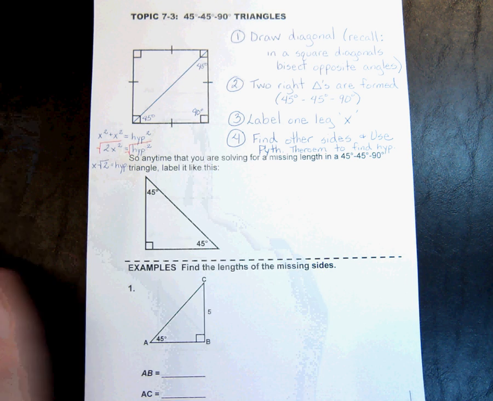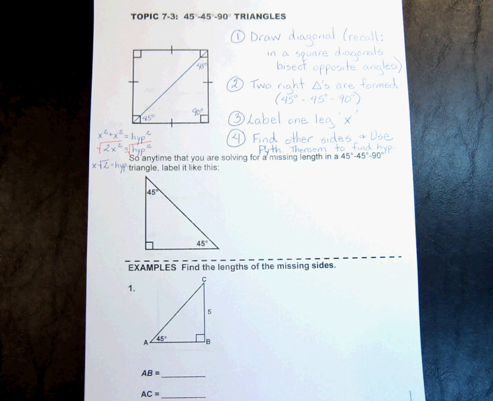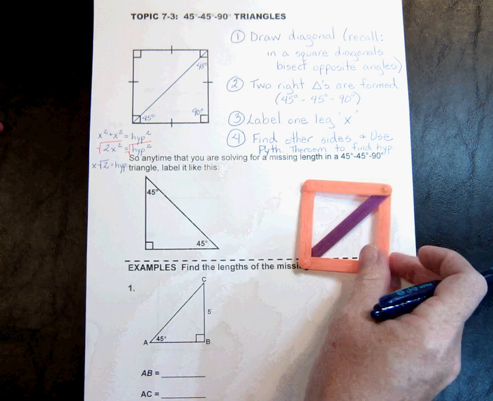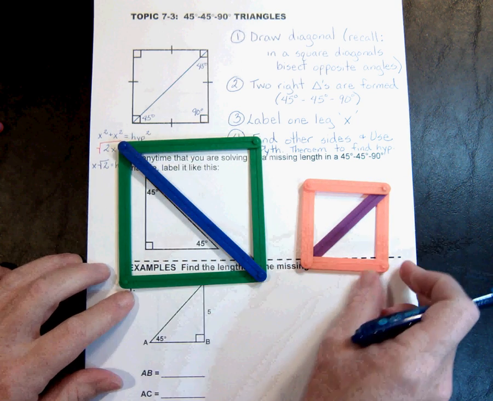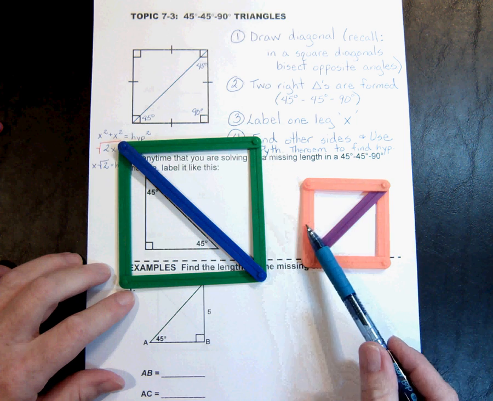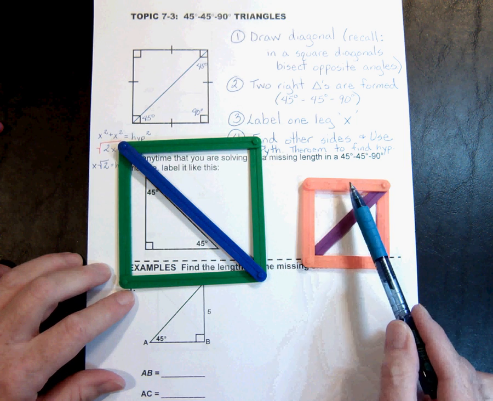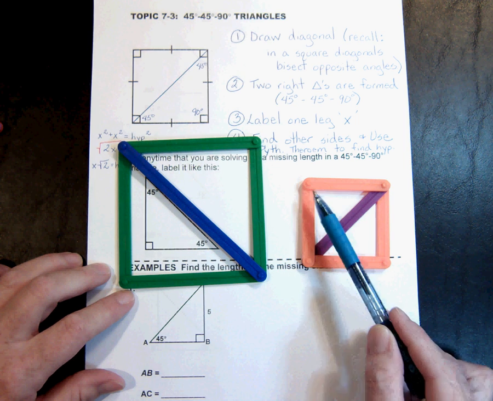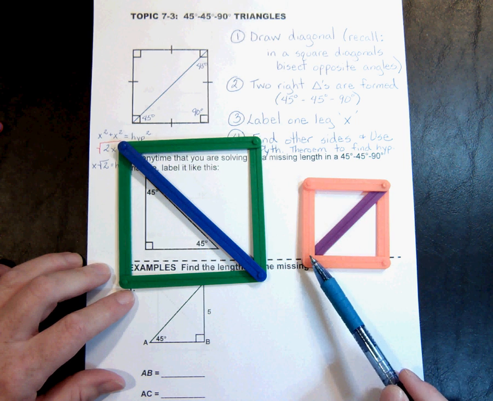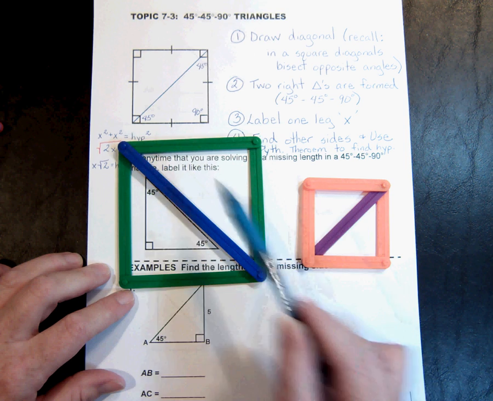And I snapped some of these snap legs together to show you that this can be proportionally different in size. These would be my two right angles made up by the same color, so their lengths are going to be the same. Same thing with this.